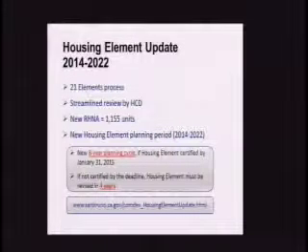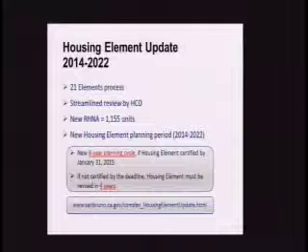And just for the public here and at home, we'll have the draft chapters of the housing element and other information about the housing element on the city's website. And this is the direct URL, but you can just go to the city website and the planning page, and you'll find the link to the housing element.